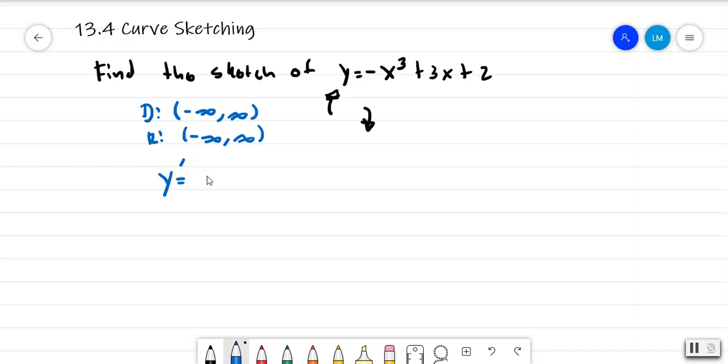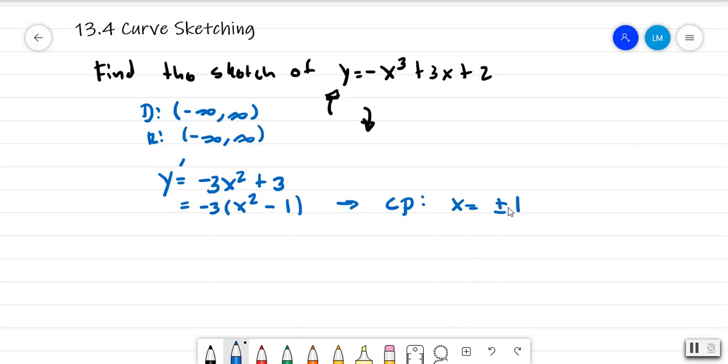So y prime is equal to negative 3x squared plus 3. If we factor out negative 3, we have x squared minus 1. This tells us that there are critical points at the two values x equals plus or minus 1.